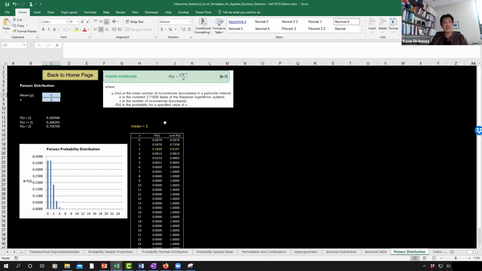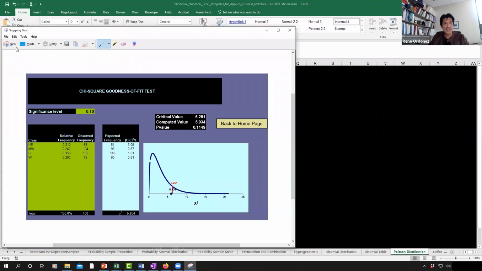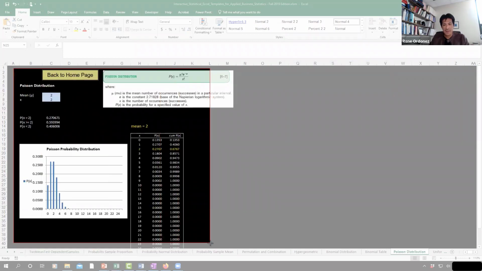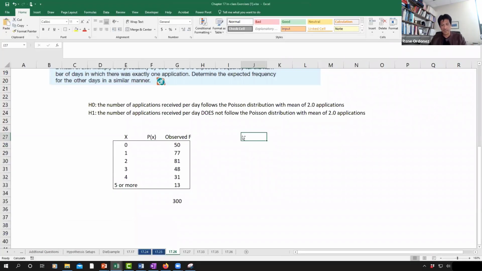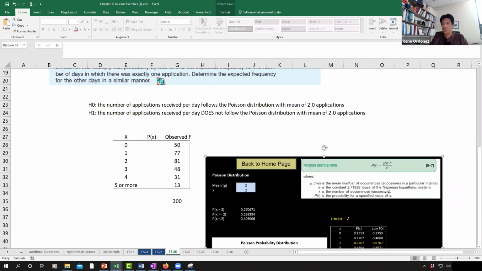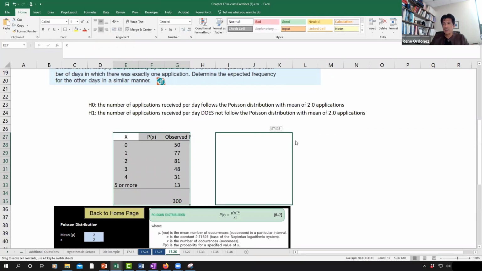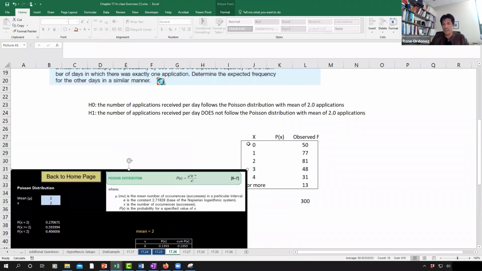What is the mean? 2, right? So this table actually will give us the probabilities. I'm going to just copy these.